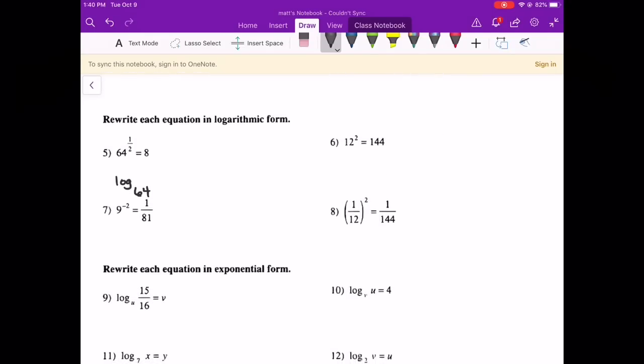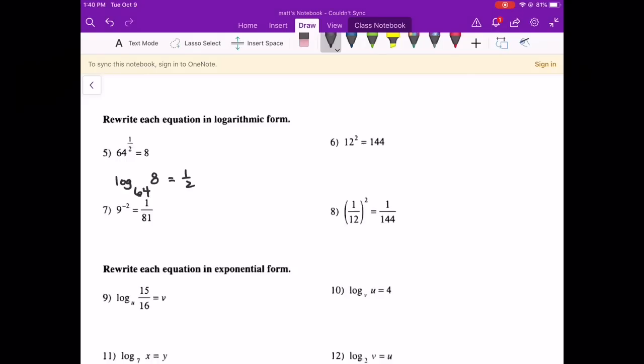So that is going to end up being out here, 1/2, the exponent, and then what it's equal to is part of my log. So log base 64 of 8 is 1/2. Now what does that mean? So that means that 64 to the 1/2 power is 8. That's what that means, and that's kind of how I go back and forth between the exponential and the logarithmic.